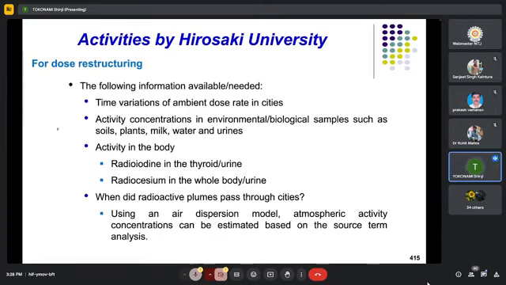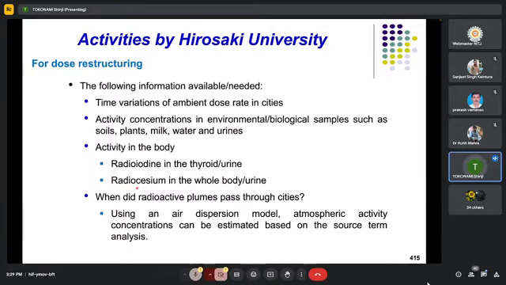For dose reconstruction, the following information is available or needed: time variation, ambient dose rate in cities, activity concentration in environmental or biological samples such as soils, plants, milk, water, and urines, activity in the body, radioiodine in the thyroid or urine, radiocesium in the whole body or urine.